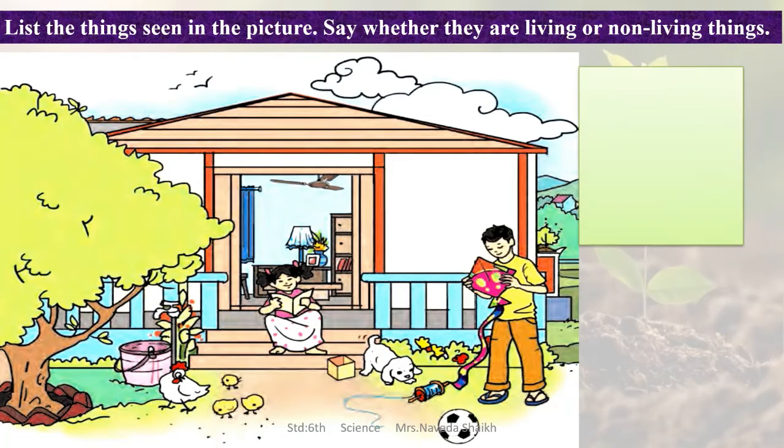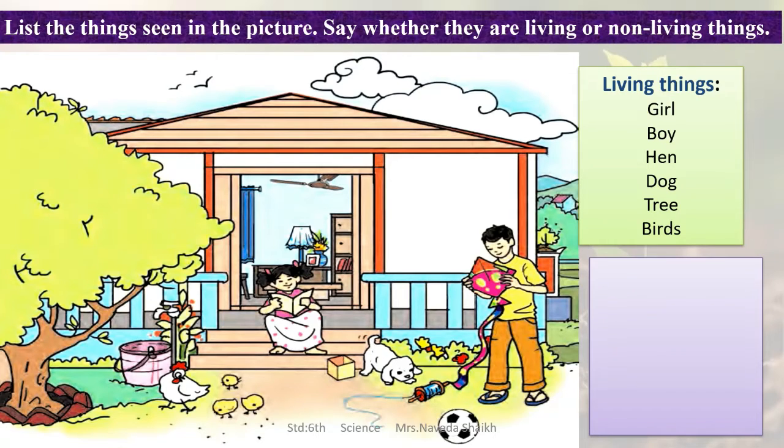Next is a list of living things that we have in this picture. Here you have the girl, a boy, a hen, a dog, a tree, birds, and if you can see a few more, you can list them as well. Then you have a list of non-living things.